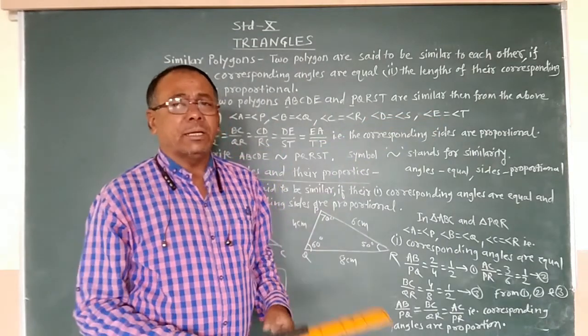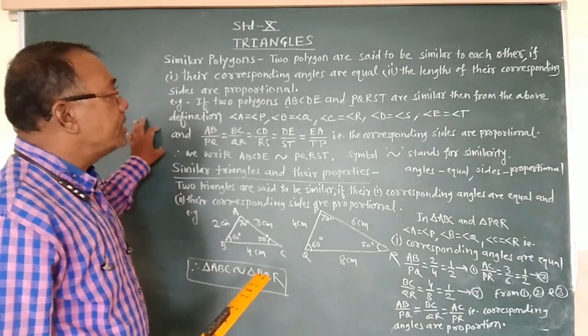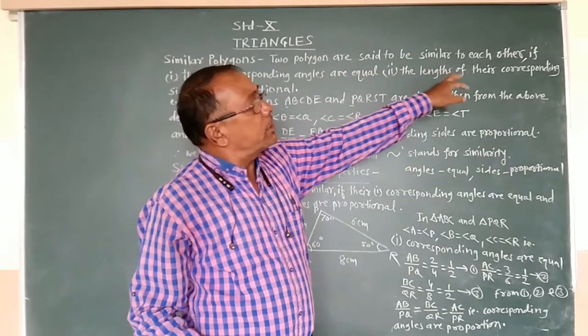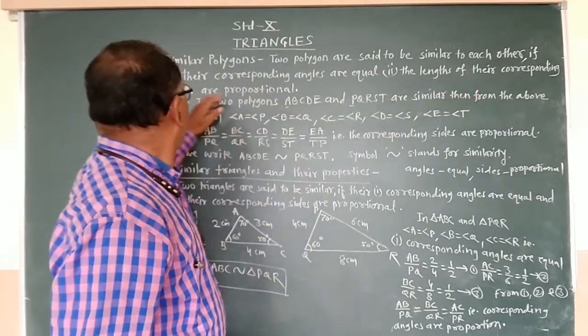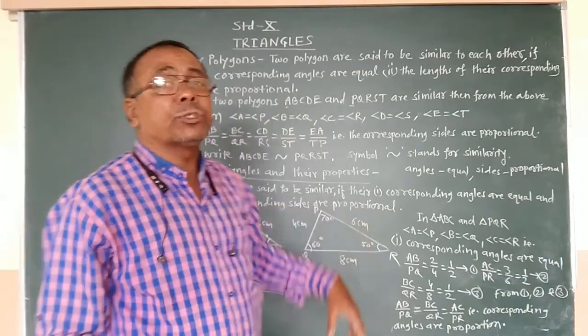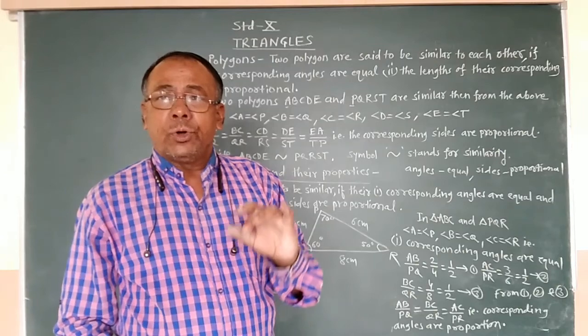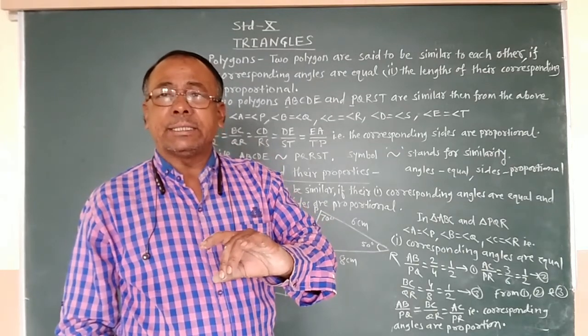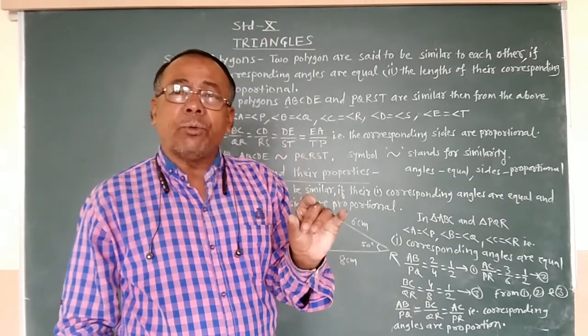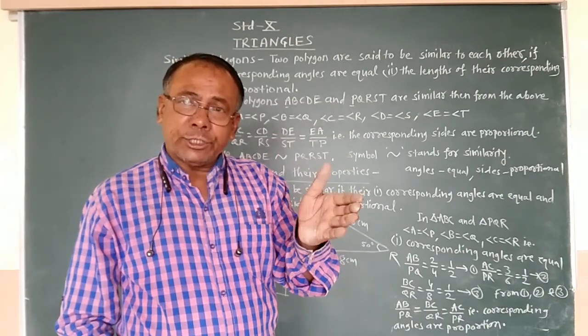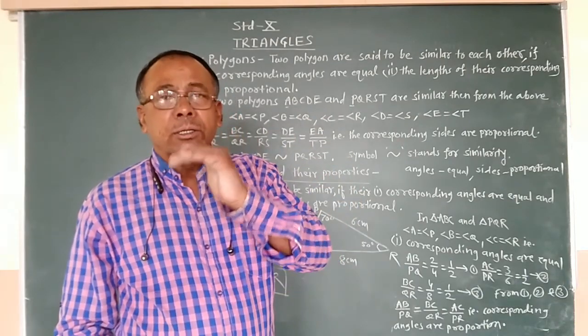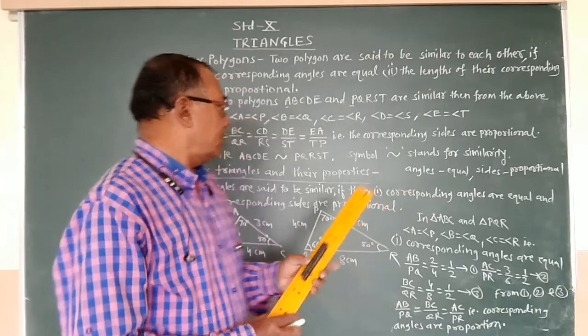Now we will see the second condition. The second condition is that the lengths of their corresponding sides are proportional. Proportional means the ratio of the corresponding sides should be equal to the ratio of other corresponding sides.